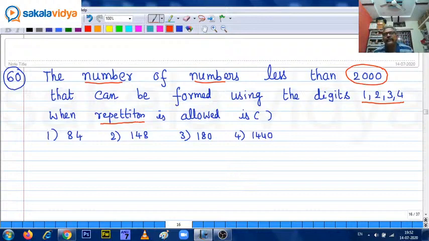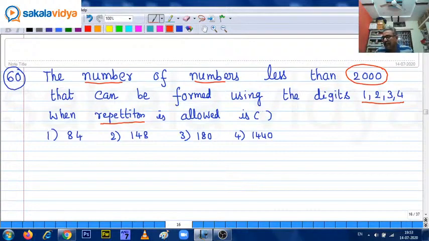First we find 1-digit, 2-digit and 3-digit numbers, but we don't find all 4-digit numbers, because then even the numbers beginning with 3 and 4 will come.